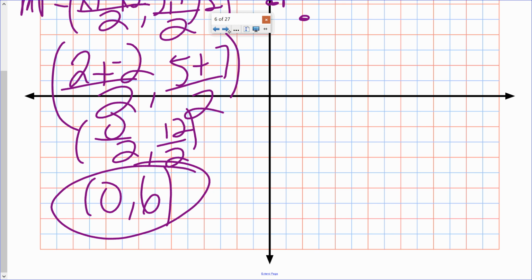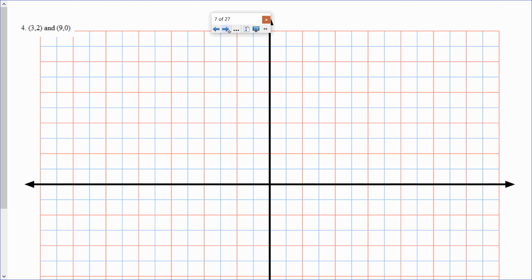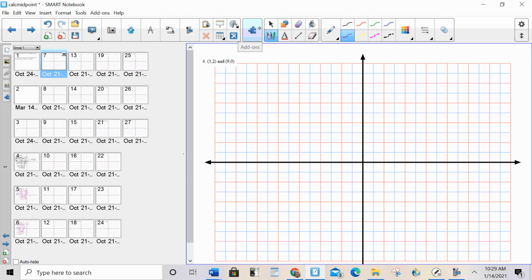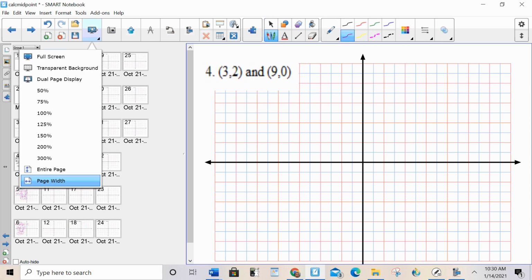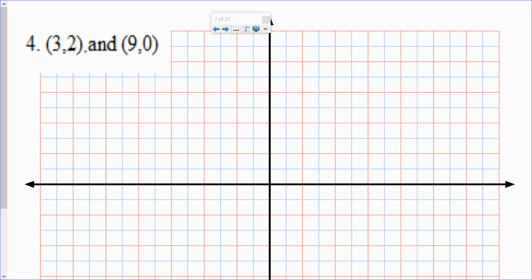I want you to try number 4 completely on your own. So please pause, try number 4 on your own, and then unpause. Okay, now that you tried number 4 on your own, 3, comma 2 and 9, comma 0.